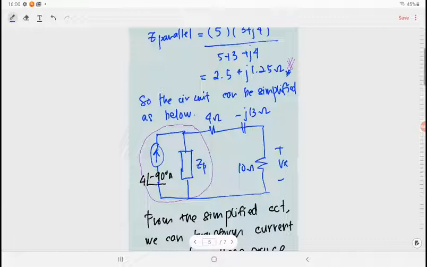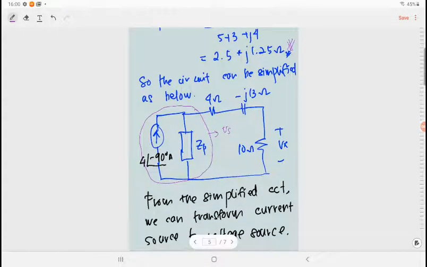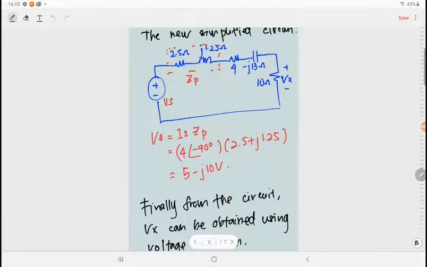Therefore we can simplify this circuit again by using source transformation, which is, we know that from here you can convert this current source into a voltage source one more time. Our purpose is actually to get a simplified circuit. So this is the new simplified circuit, where we transform the current source into a voltage source.